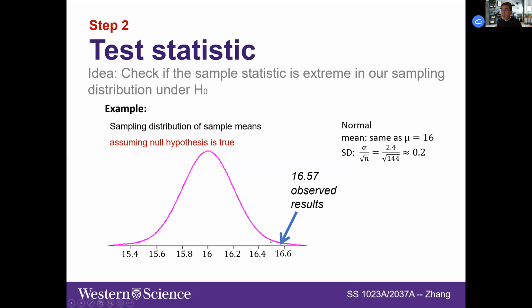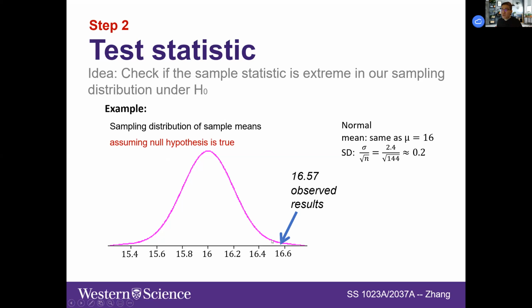And this sampling distribution tells us the probability of sampling our data. As you can see, the probability of our sample is actually very, very small. It's a very tiny number. So what it means is that if we assume our null hypothesis is true, we will get this distribution, right?